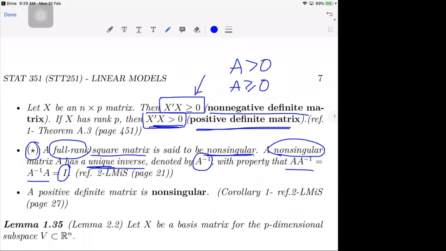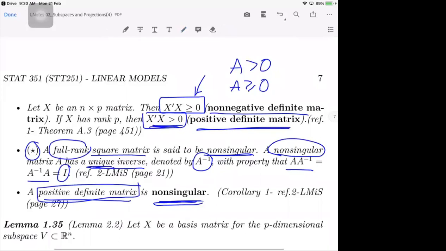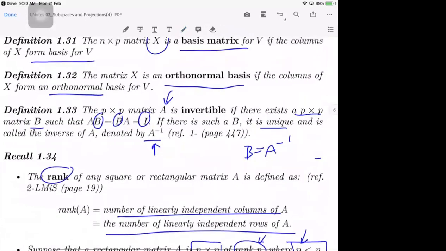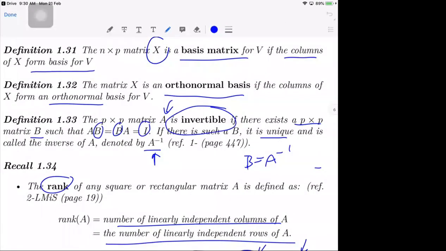A non-singular matrix implies it has a unique inverse. And a positive definite matrix is always non-singular. So if the matrix is positive definite, it is always non-singular, then it has an inverse. If it has an inverse, it is invertible.